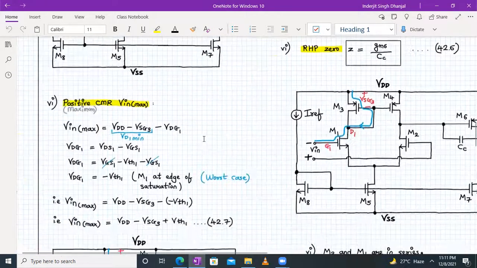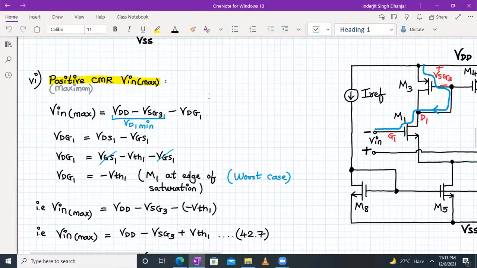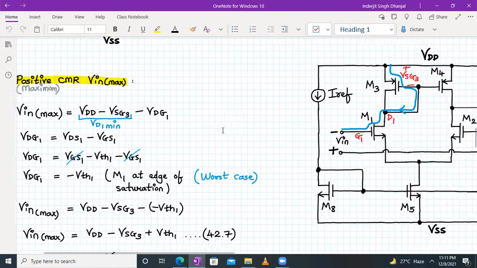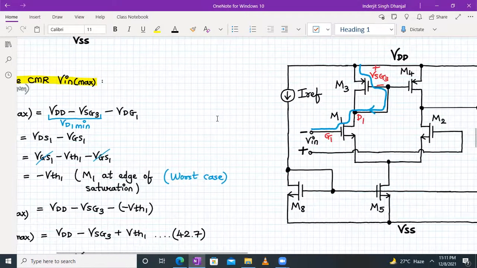Now next is the positive CMR, that is, V in max. It is also called the maximum common mode range. So what is V in max? If you trace back this part, your V in max will be equal to VDD minus VSG3 minus VDG1.